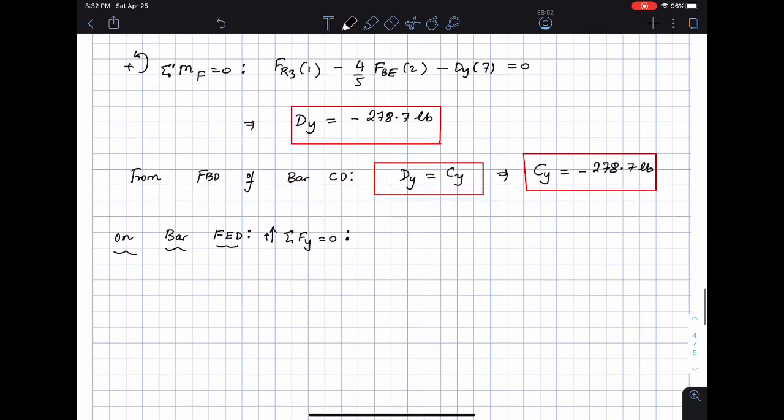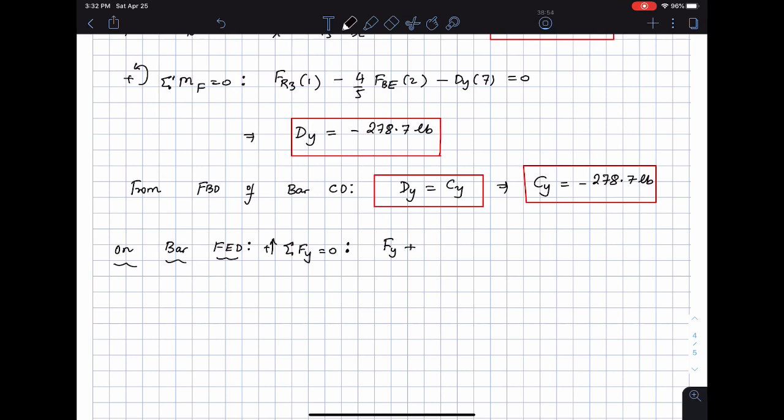So I'm going to have Fy plus FR3 minus 4/5 FBE minus dy is equal to 0, which means I solve for Fy and I end up getting 546.6 pounds. Put a box around this as well.